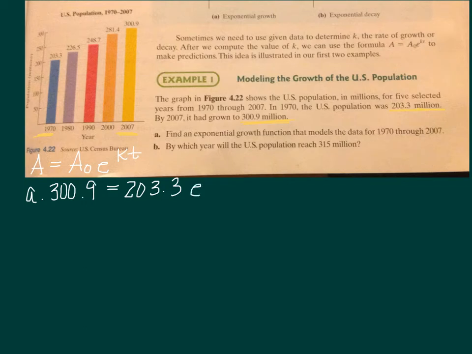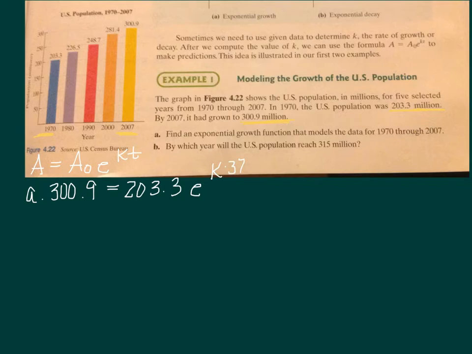And e, remember, is the key on your calculator. We don't have the growth rate, which is what we're going to find. And then t, that's the number of years. So if you look at from 1970 to 2007, how many years is that? So that would be 37 years.